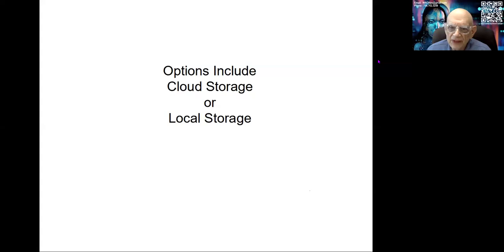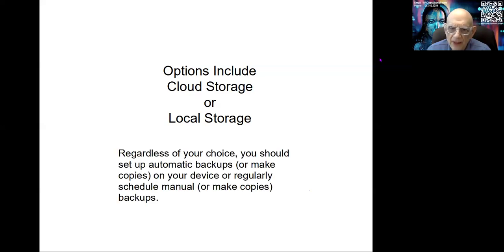So here are just some options, including cloud storage or local storage. This is going to be on the handout, so I'm not going to spend a lot of time with it. Regardless, you should set up some sort of automatic program or automatic reminder to do this, again, to prevent loss. And that is the major concern I've got.